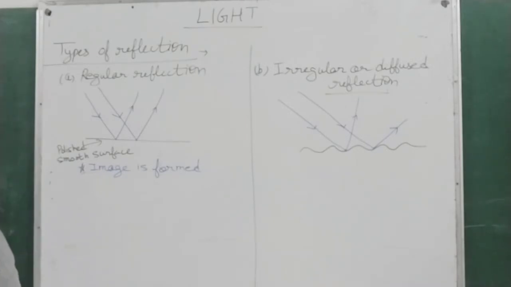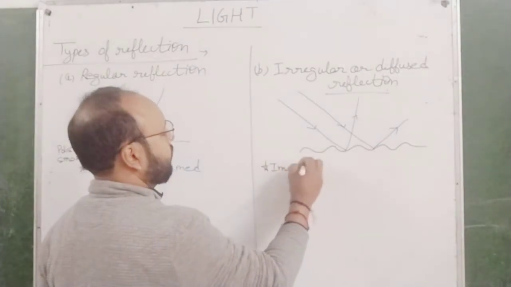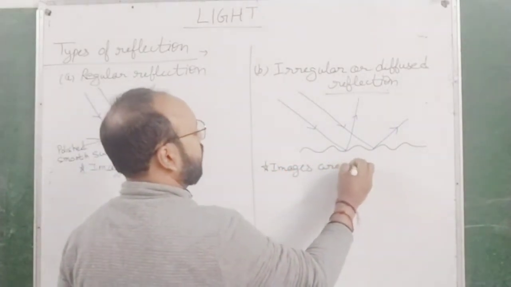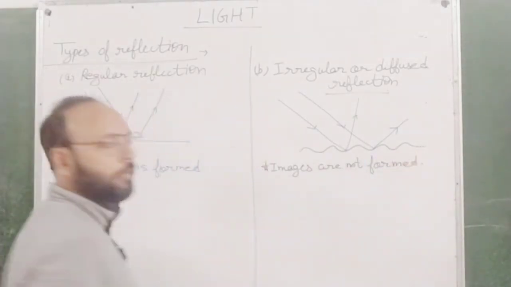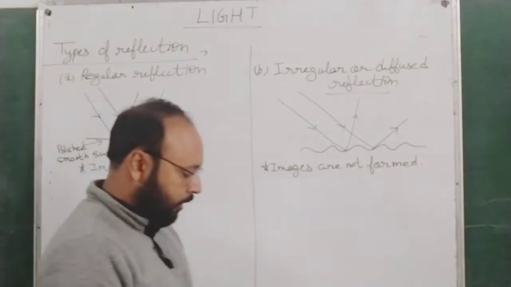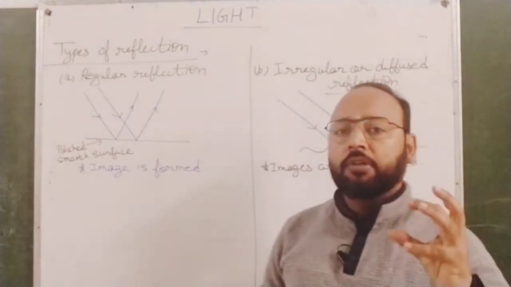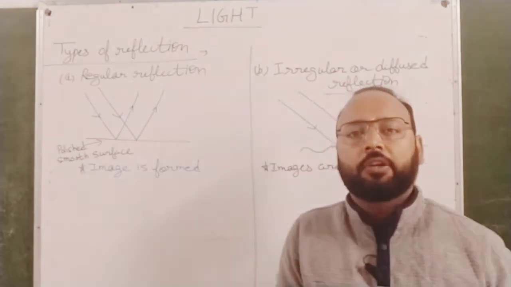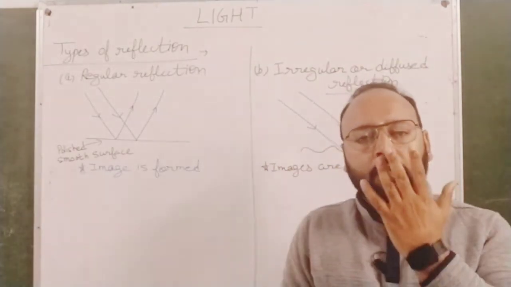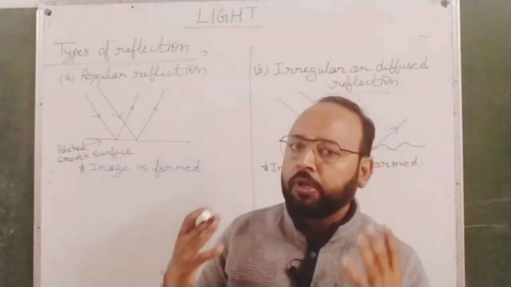Images are not formed. Very simple. Again I am going to repeat regular and irregular reflection. When we stand in front of the mirror, we are able to see our face due to regular reflection. But when we hold a cardboard sheet in our hand, we will not be able to see our face, that is due to irregular reflection.